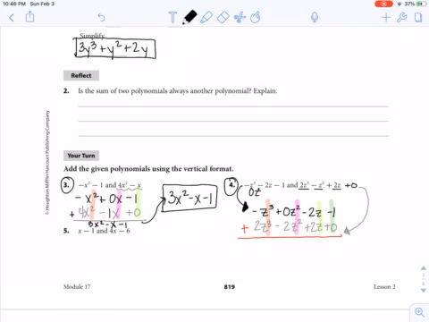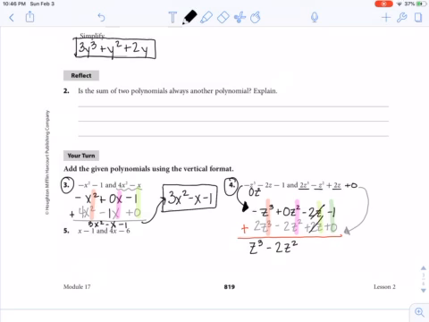And so if I have negative z cubed plus 2z cubed, I get z cubed. 0z squared minus 2z squared, so I have minus 2z squared. Negative 2z plus 2z allows me to cancel those.